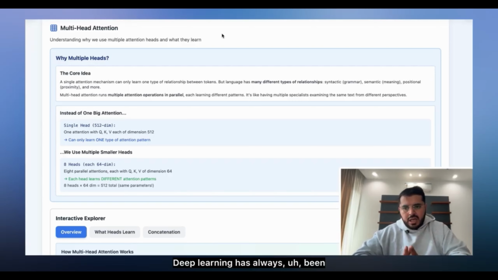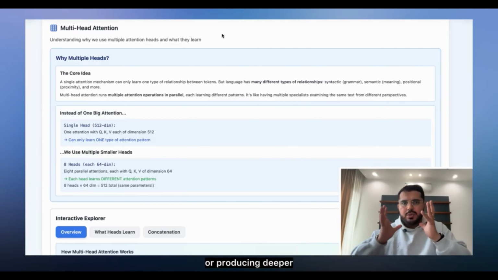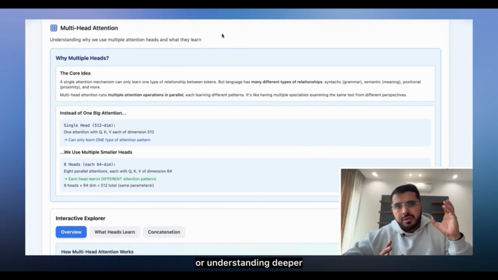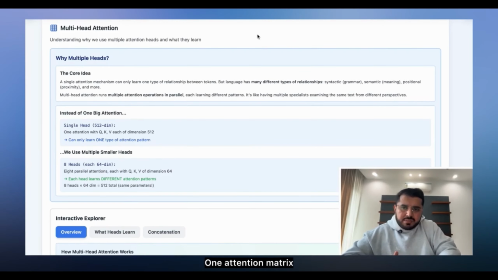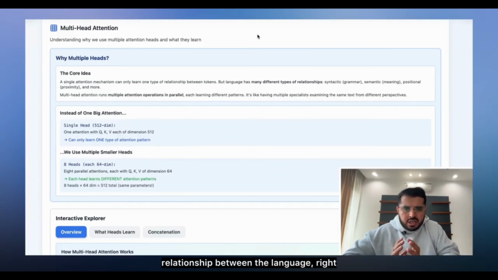Deep learning has always been about deeper and hierarchical relationships, or understanding deeper and hierarchical meaning. One attention matrix or one head can capture nicely the syntactical relationship in the language.